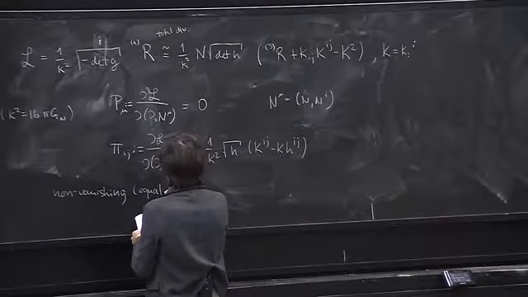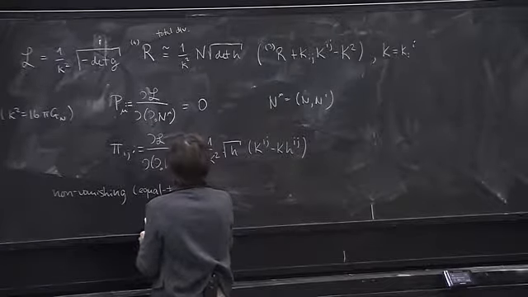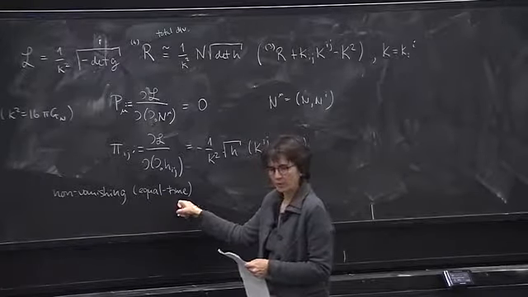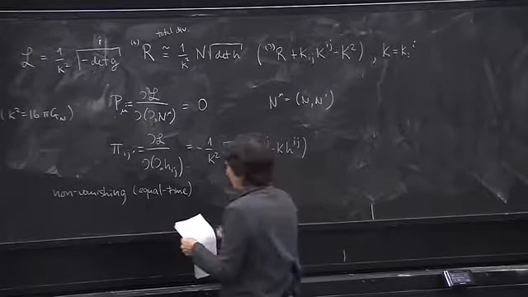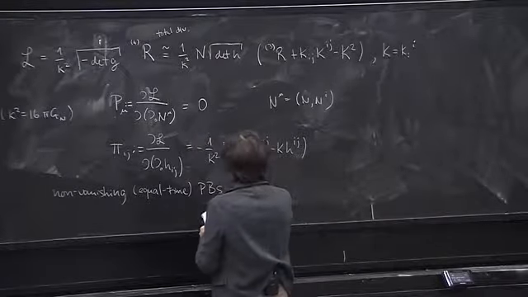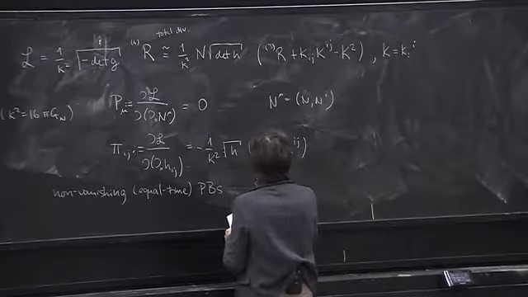theory, classical field theory. So now, of course, since I'm talking about fields, I now will have to specify that I'm talking about equal-time Poisson brackets. And these are as follows.